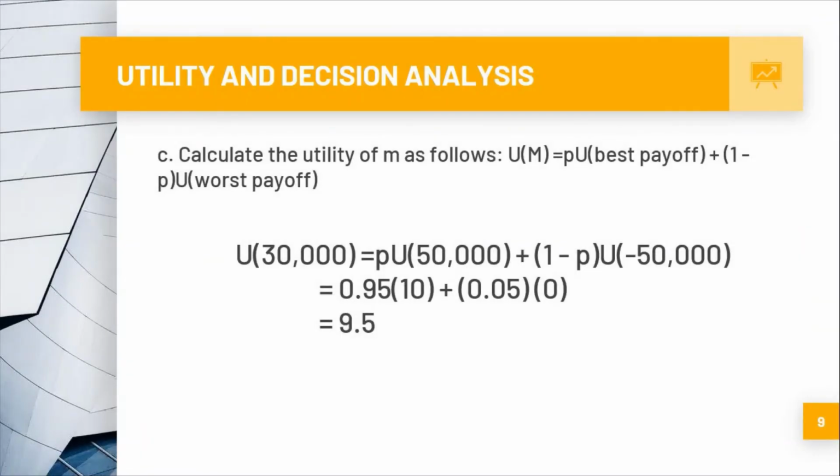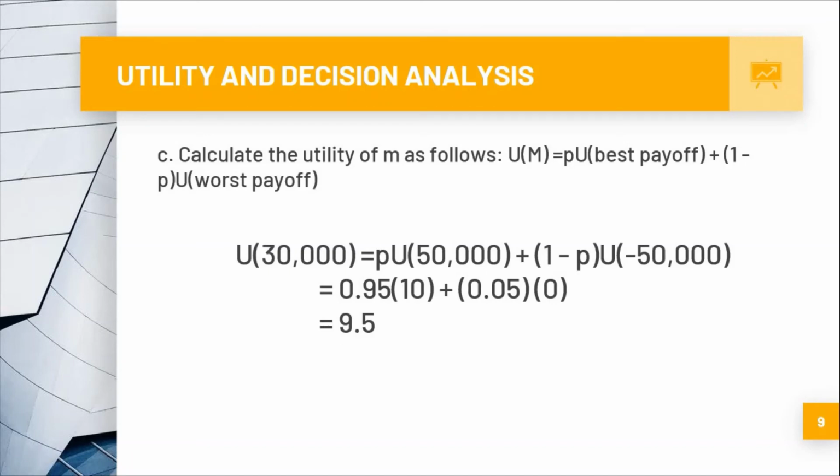Now for letter C, calculate the utility of M as follows. Let's say that the letter U represents utility. So U equals P times the utility of the best payoff plus 1 minus P times the utility of the worst payoff. Now you just have to substitute the corresponding amounts.